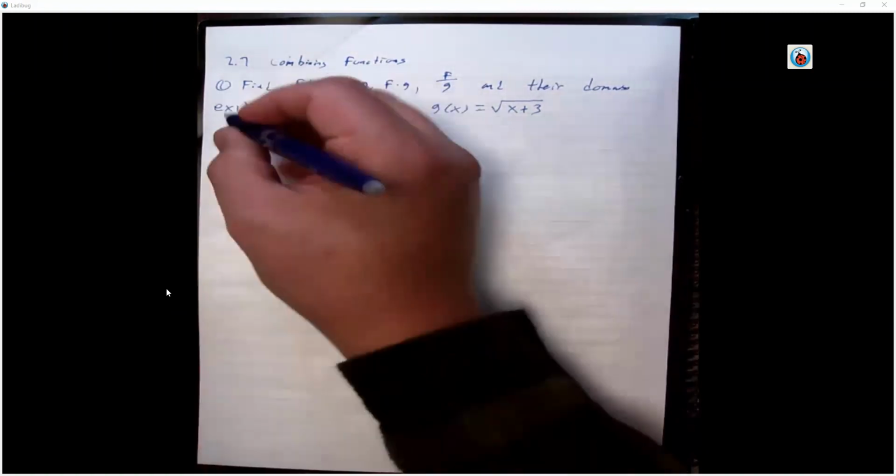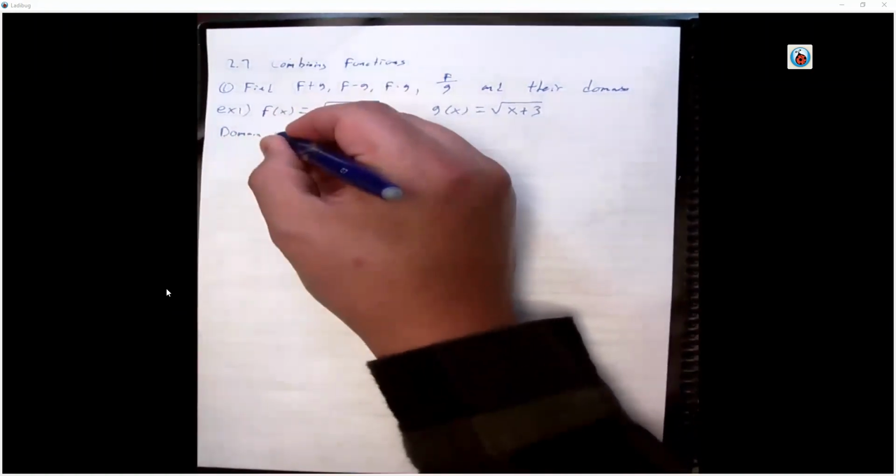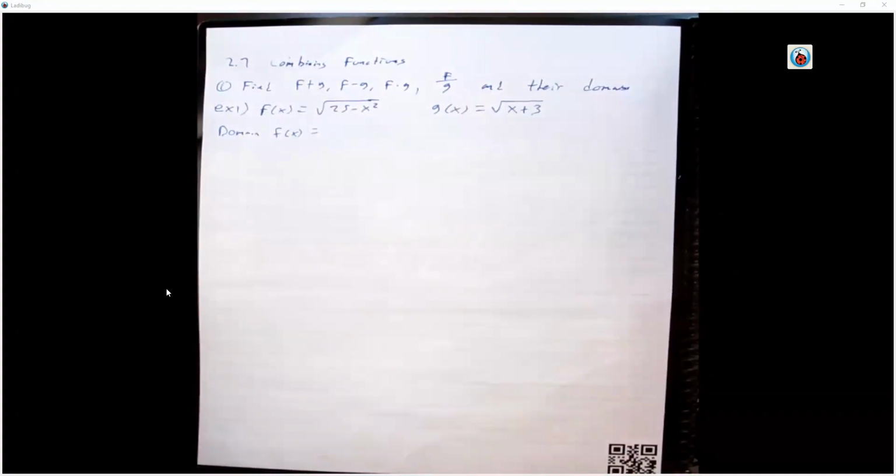So what I recommend before you start is determine the domain of f. You can solve for it or you can graph it. Doesn't matter. You can also try to think about it.